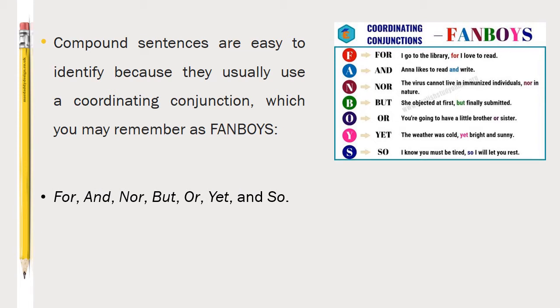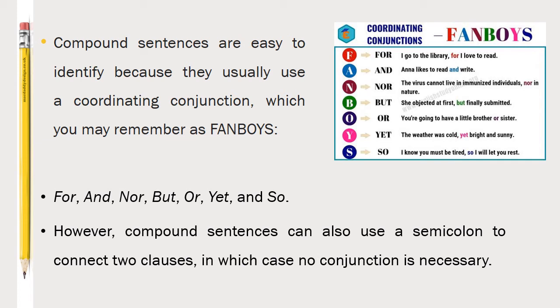Or: You're going to have a little brother or sister. Yet: The weather was cold yet bright and sunny. So: I must be tired, so I will let you rest. However, compound sentences can also use a semicolon to connect two clauses, in which case no conjunction is necessary.